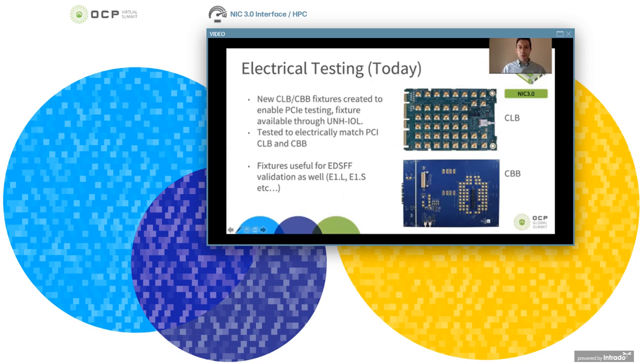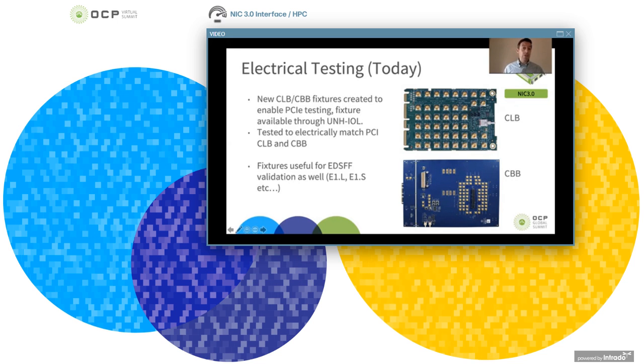So what's happening for OCP NIC 3.0 electrical testing today? Well, first, in order to enable electrical testing on this new form factor, the OCP NIC subteam had to design and test some new test fixtures. And here they are. You can see some pictures of them, a compliance load board and a compliance base board.